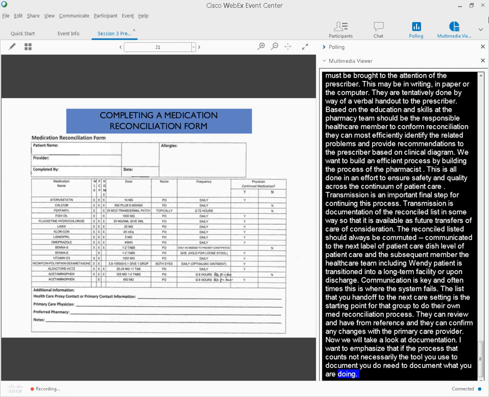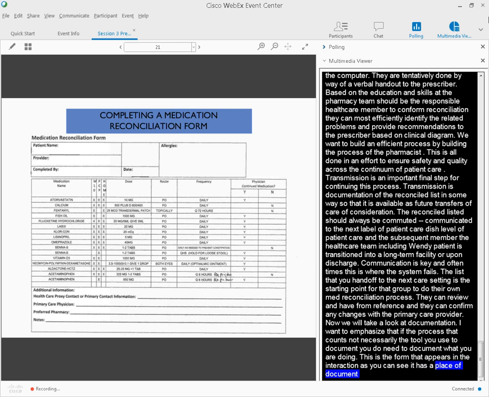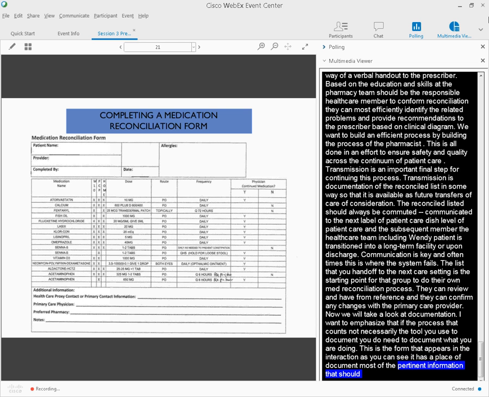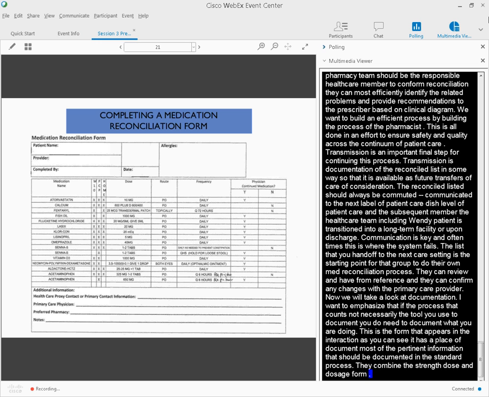As you can see, it has a place to document most of the pertinent information that should be documented in the standard process. They kind of combine the strength, dose, and dosage form. I would advise that each practice determine the place that this information goes.